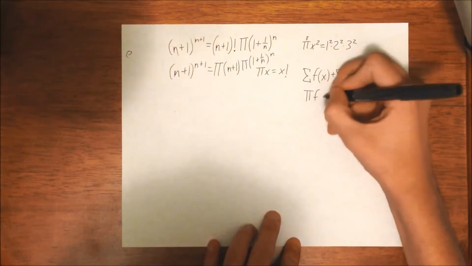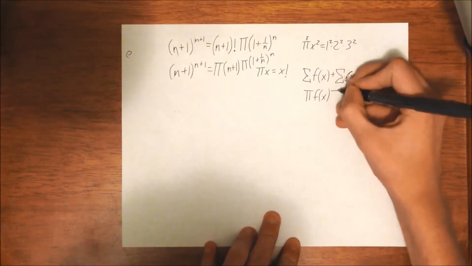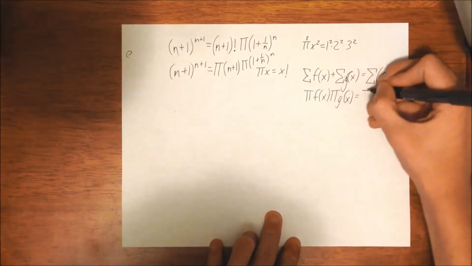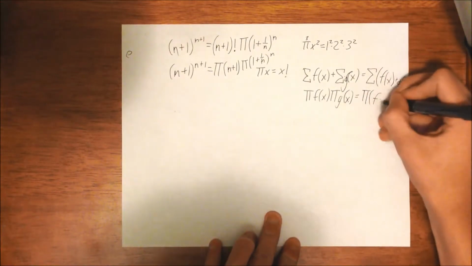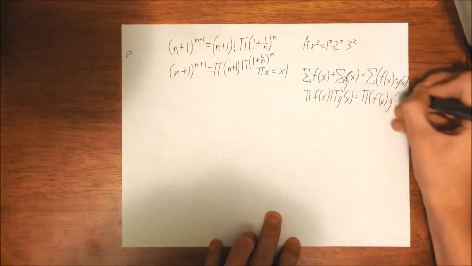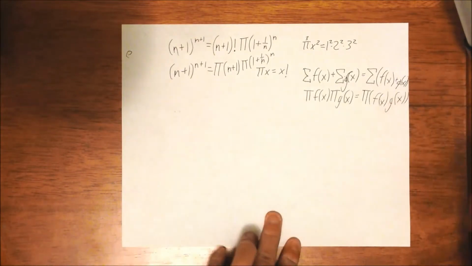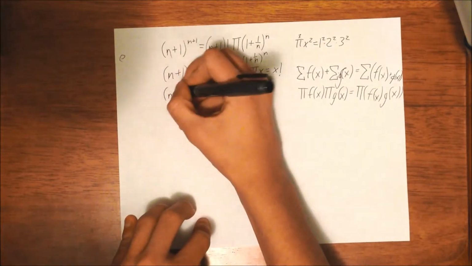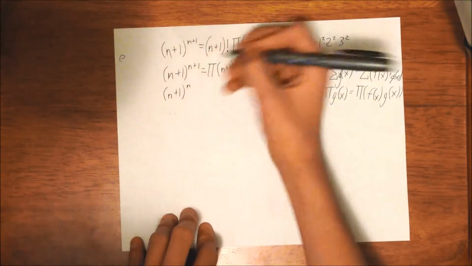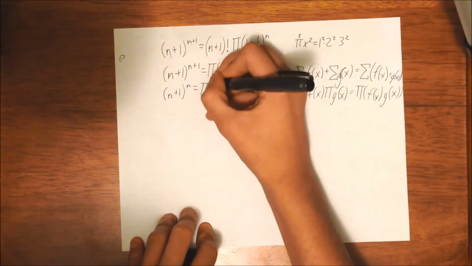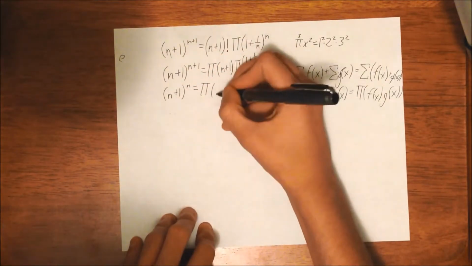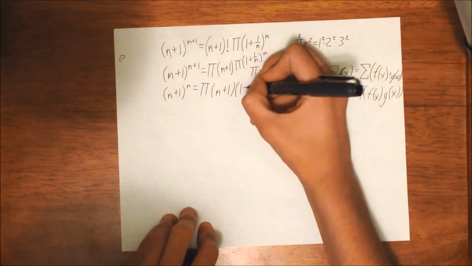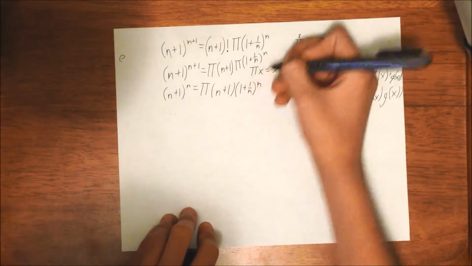So capital pi of f of x times the capital pi of g of x is equal to the capital pi of f of x times g of x. So this again can be rewritten as (n+1)^(n+1) equals the capital pi of n plus 1 times (1 + 1/n)^n.